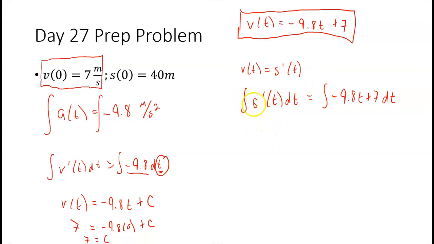The antiderivative of the derivative is the original function itself, so position. Negative 9.8t, t is still my variable because that's what dt tells me. I need to add 1 to the exponent of t and then divide by it. And 7, we have a constant, so we're going to add a t and then a constant.